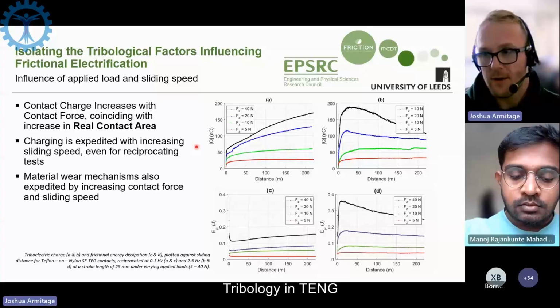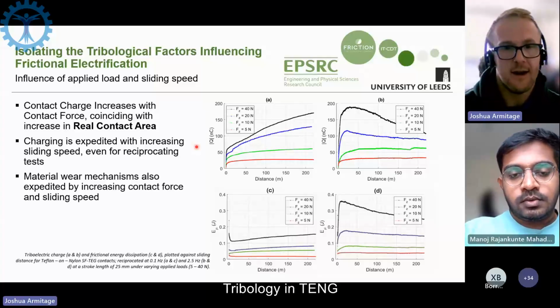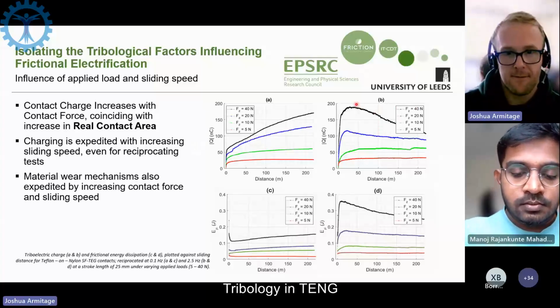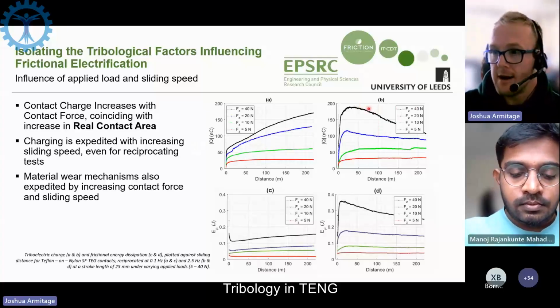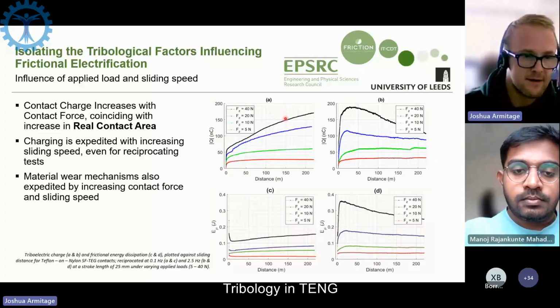So we see that as we increase the load, we're increasing the amount of sites available for charge transfer by increasing the real area of contact. And you can see here the black, the blue, the green, and the red, all different contact forces, alluding to different amounts of charge that's being generated within the contact.